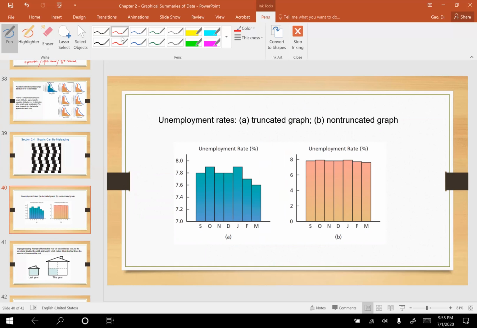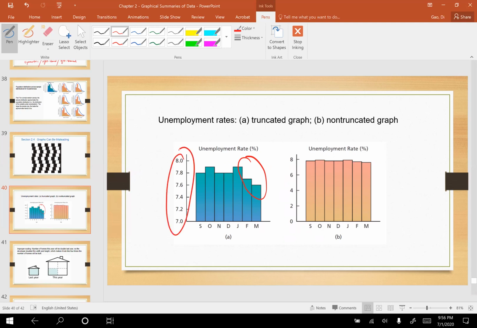If you look at plot A, you can see here you have a big drop. So you may say that in February, March, the unemployment rate just dropped a lot. However, this is not a full picture of the unemployment rate, which is just a truncated graph.